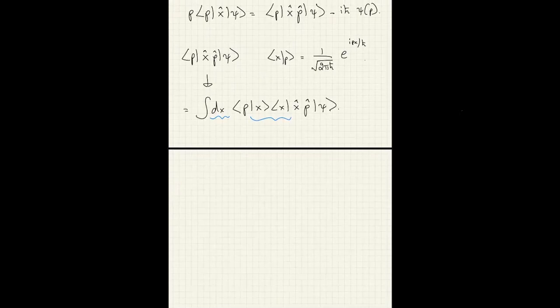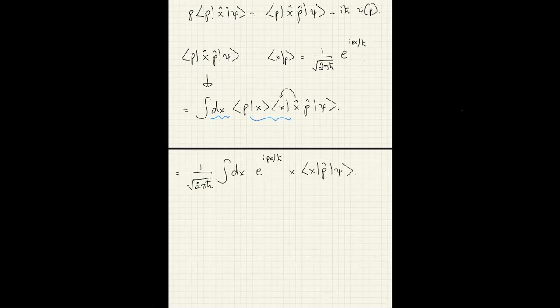So this is straightforward: 1 over square root of 2πħ, integral dx, e to the plus i px over ħ. Now this x operator can act on the bra ⟨x| on the left because x is a Hermitian operator. It doesn't matter if I act it on the left or the right. It's the same x operator, and it's going to give you the corresponding eigenvalue x. So this is going to be x times the matrix element ⟨x|P|psi⟩.